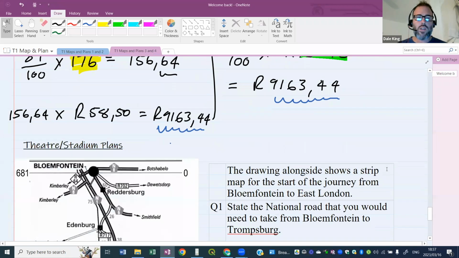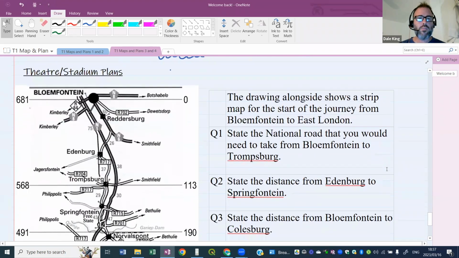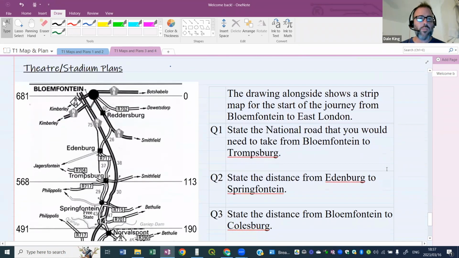Let's have a look at the next plan here. Well, this is more of a map, really. In the old days, even Kia might not know about this, we used to have actual maps in the car. If you were traveling a long distance, you had to have a physical map. We didn't have cell phones or Google Maps.